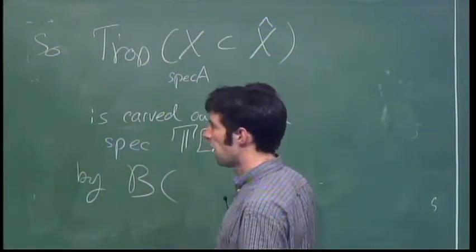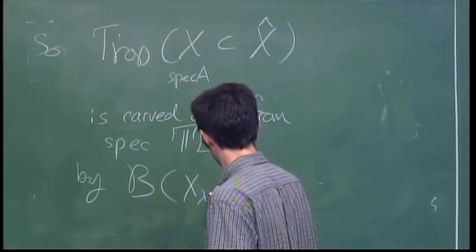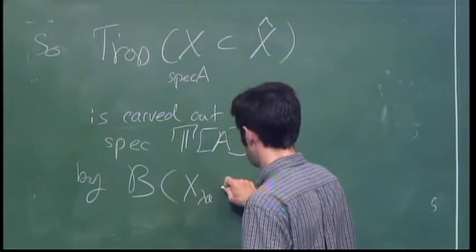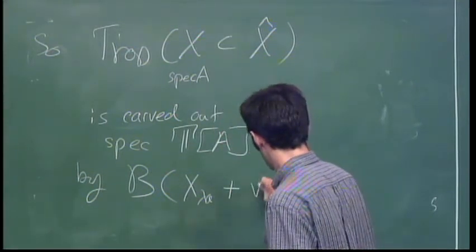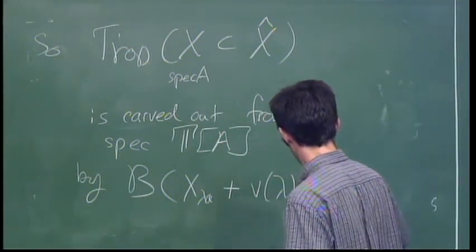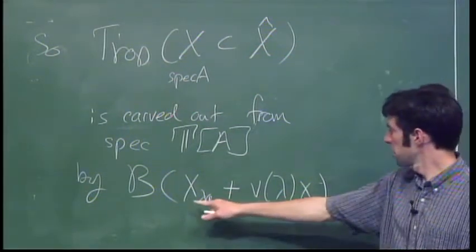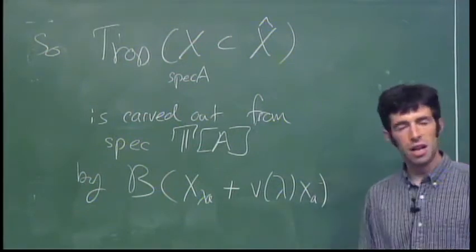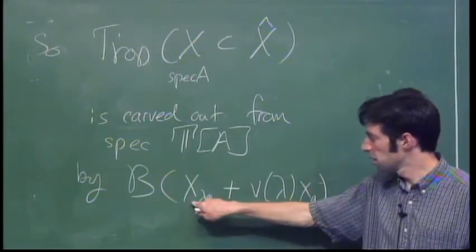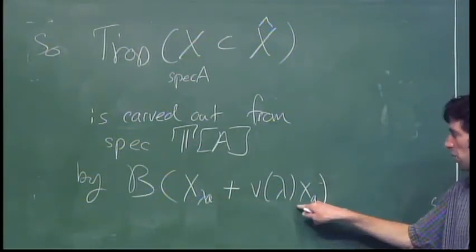So this is x sub lambda A plus the valuation of lambda x sub A. And the bend relations of a binomial turn out to be just this monomial is equal to this one.